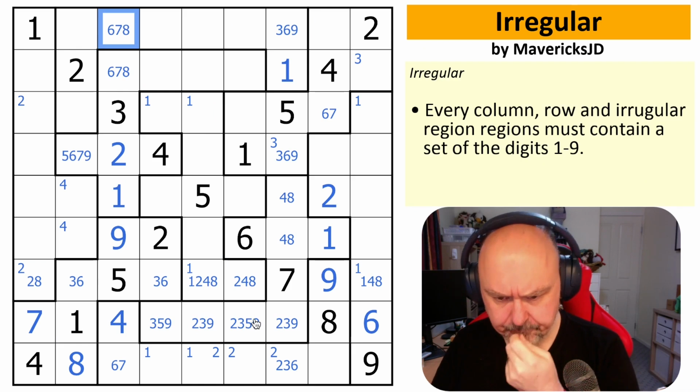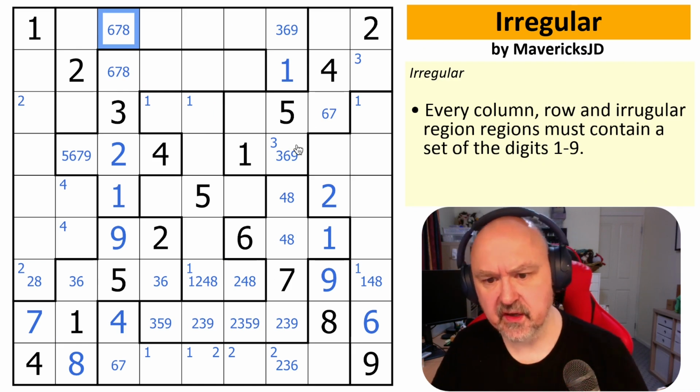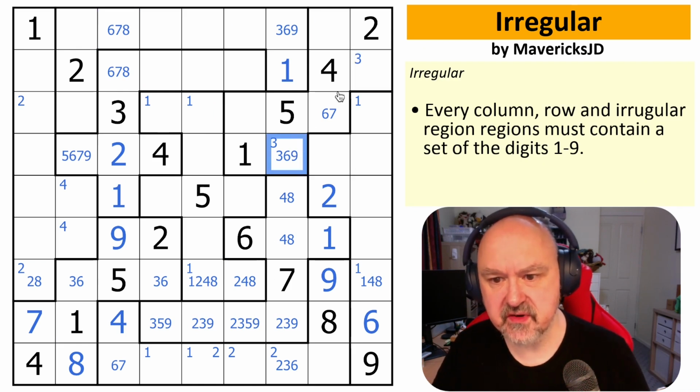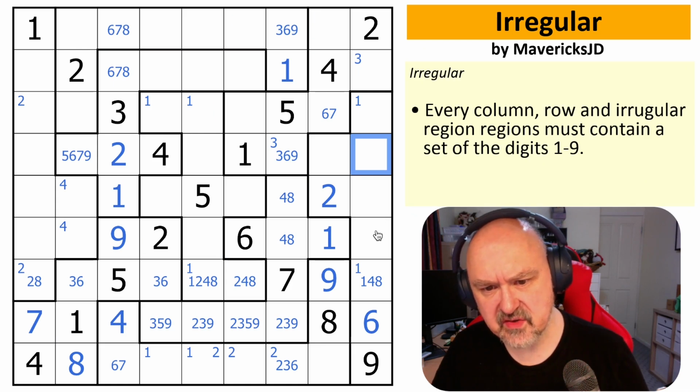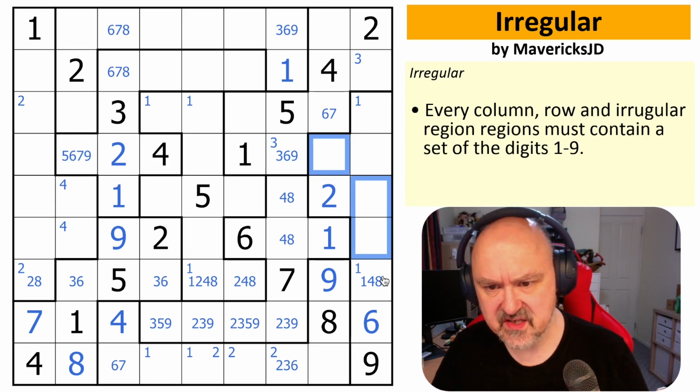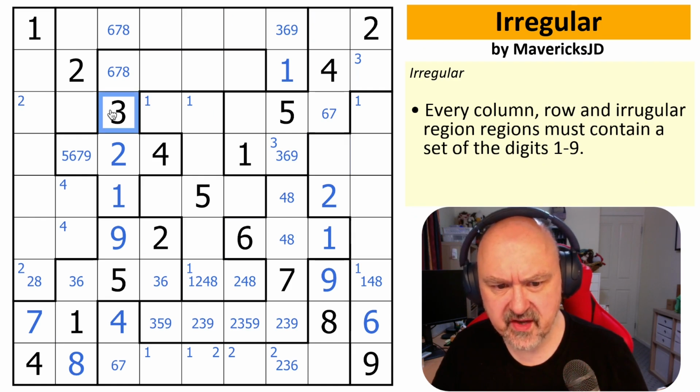So one trick you can often get with irregular is like, for example, these threes. 3 is in these two positions. So this cell could never be a 3. But that's not limiting much. It means 3 is in one of those positions in this region. But I've only got one 3 in the grid, so I'm not sure how that's helping me.